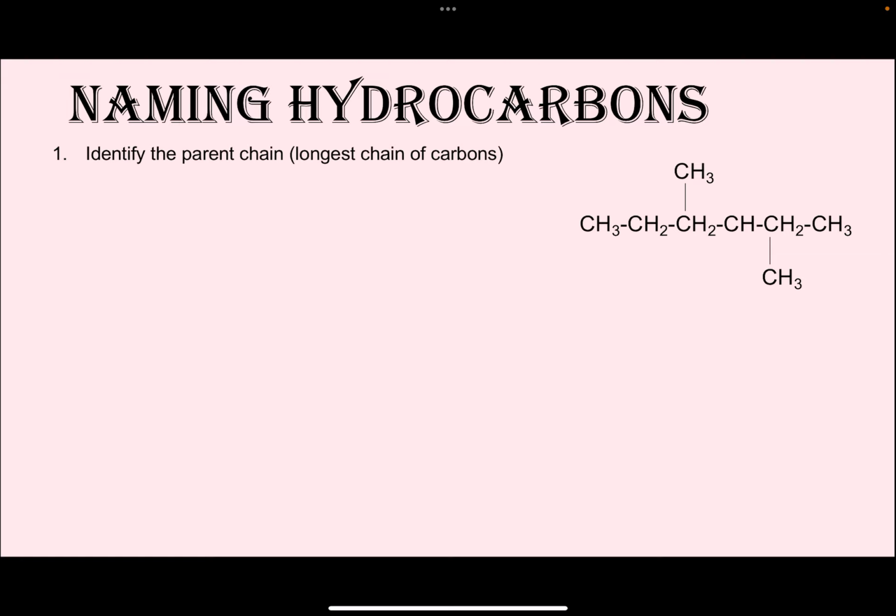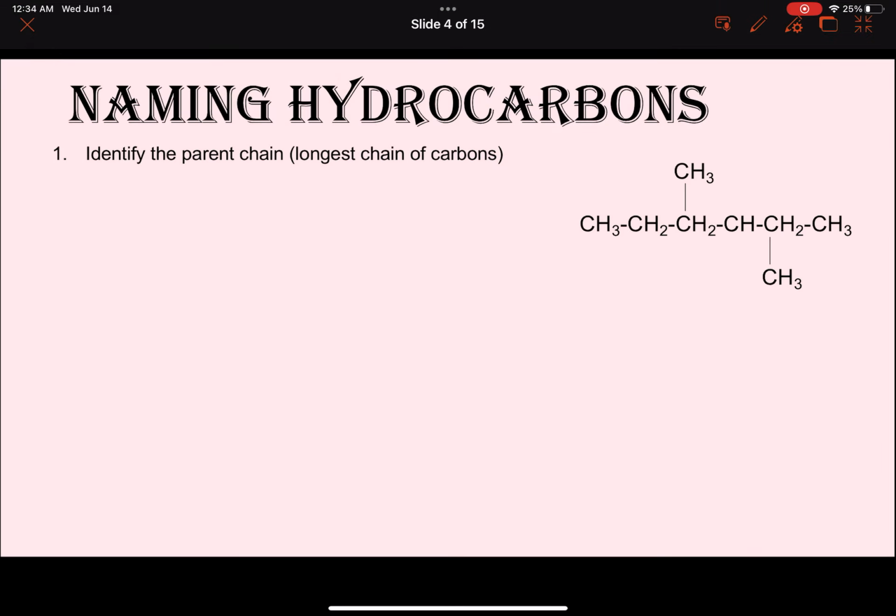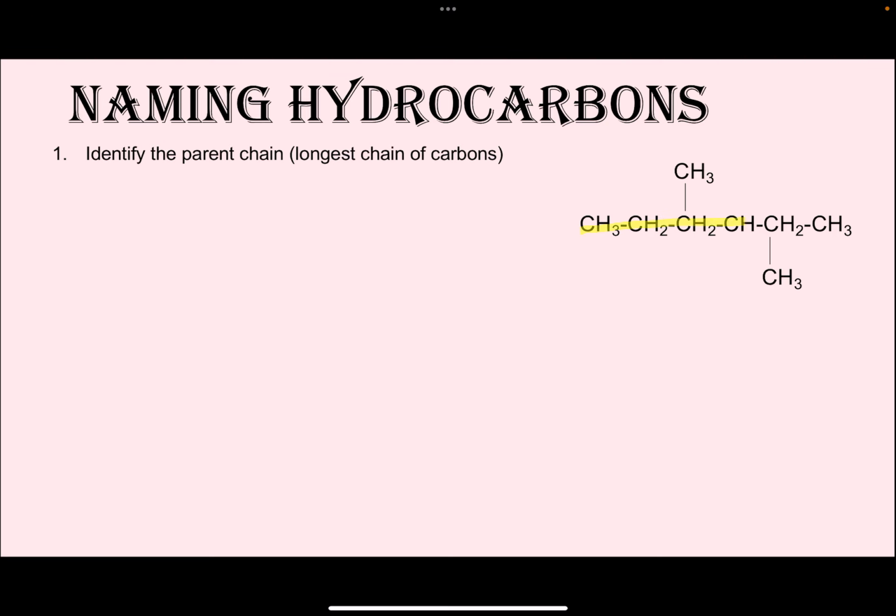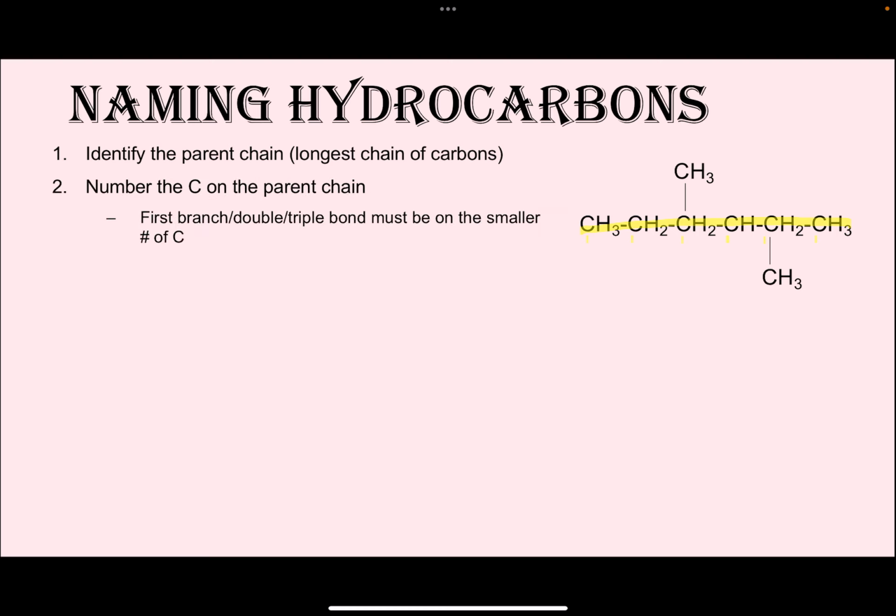In this case, if we want to identify our parent chain, it's going to be this one right here, because this chain is the longest continuous carbon chain. If you count the number of carbon atoms, we have 1, 2, 3, 4, 5, 6 carbon atoms in this one. The next thing that we're going to do is number the carbons on the parent chain.